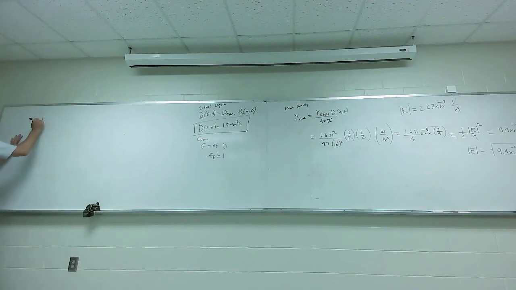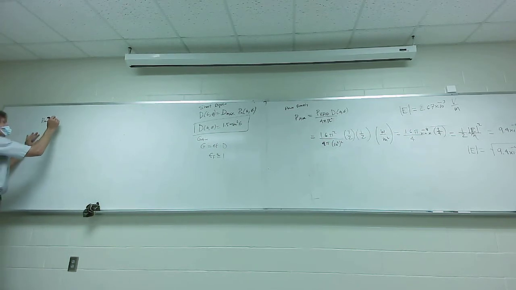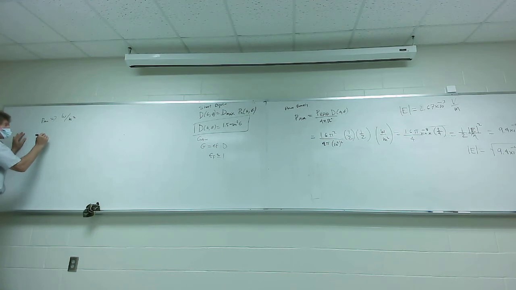Here I had P average in terms of watts per meter squared. Oftentimes what they do is express it in dBm per meter squared, and this will be the power density.